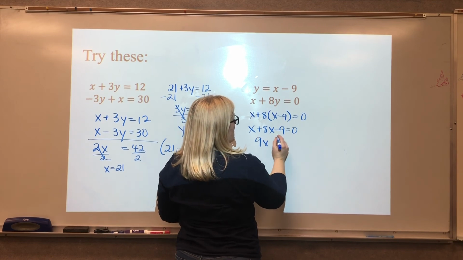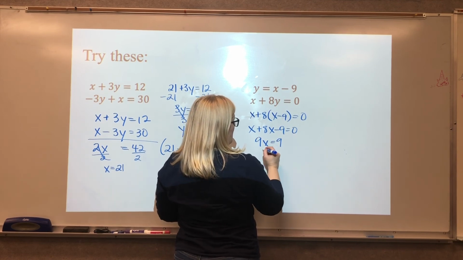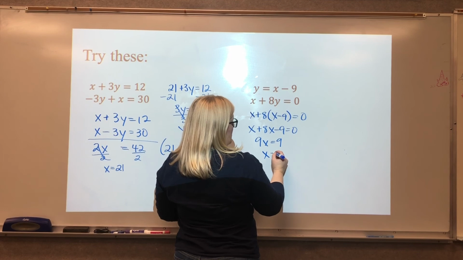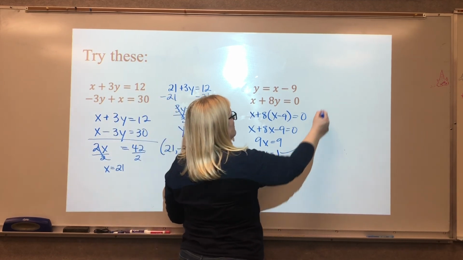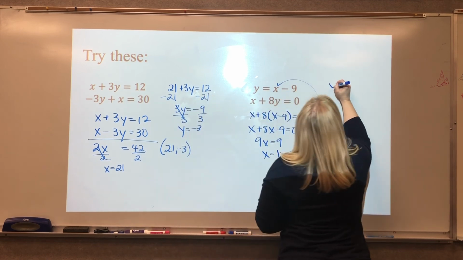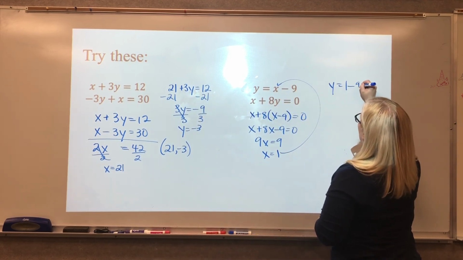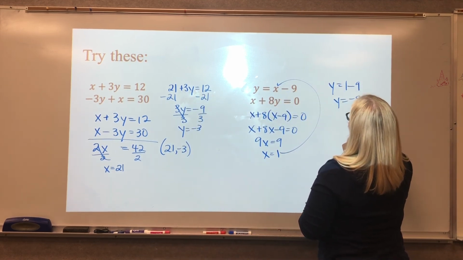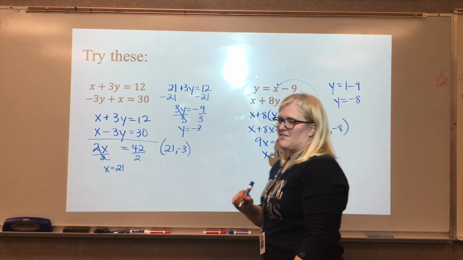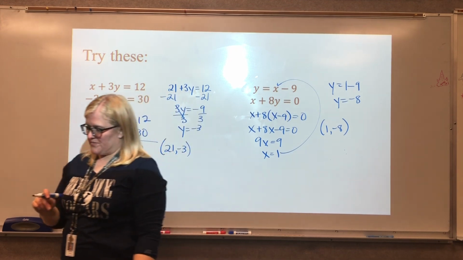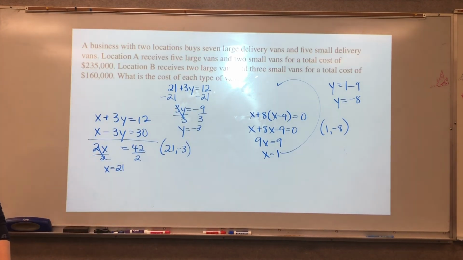So 9x, I'm going to add 9 to both sides. 9x equals 9, so x equals 1. And now I'm just going to plug it in right here. y equals 1 minus 9, so y equals negative 8. So I have 1, negative 8 as my answer. And I hope that's what you got.